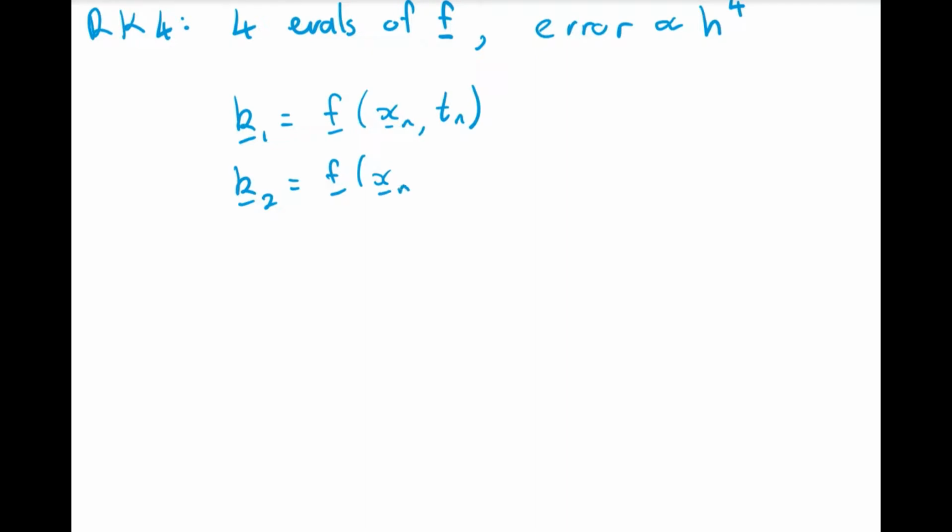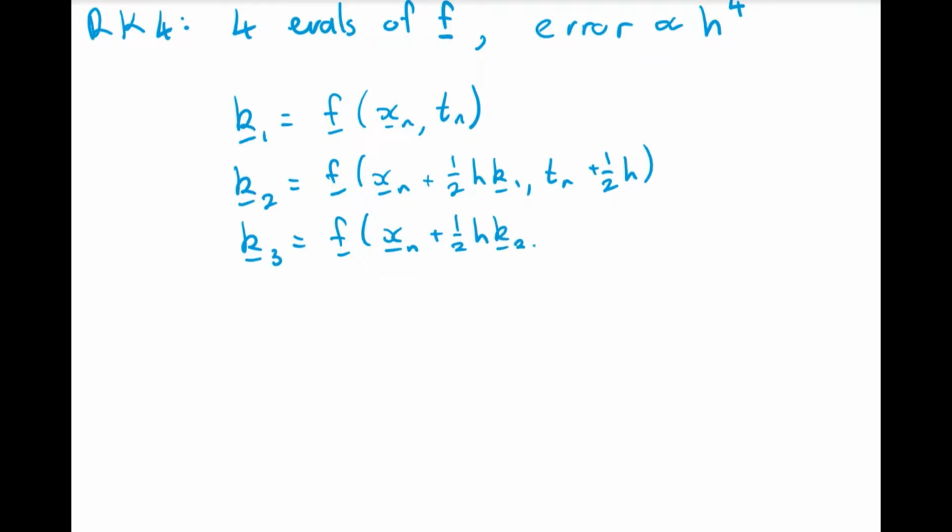Now I take a sort of a half step in the K1 direction. Then I do a sort of another half step, but in the K2 direction. Each time I evaluate the vector field, I'm getting a little bit more information about how it's changing direction close to the current point.